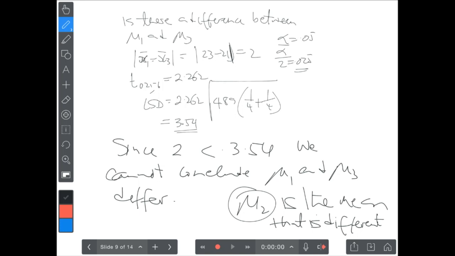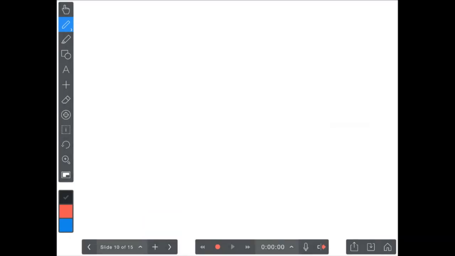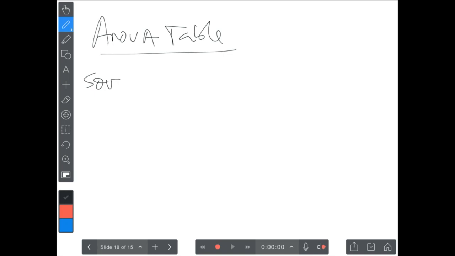Last thing I want to show you is that in step 4, while I showed you the calculations as I did, I want you to learn to develop this Anova table. It's very important. The Anova table looks like this. Sources of variation, SOV.